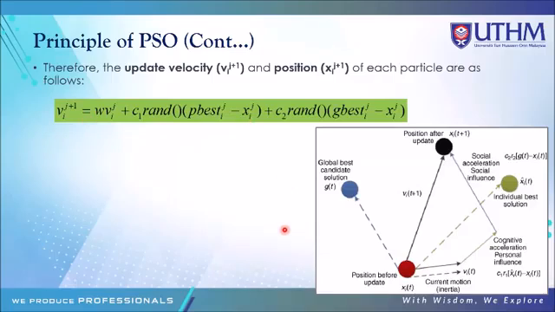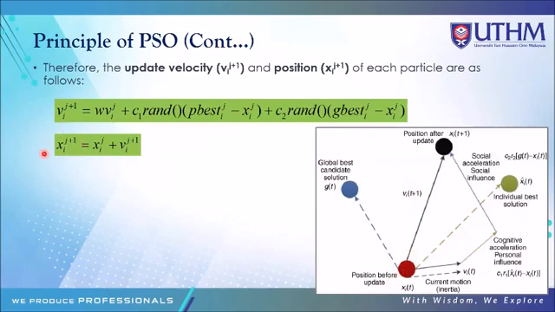This velocity is influenced by the global best candidate solution, which we call G-best, and by the personal best, which we call P-best, its own best solution. Then the current position moves to the next position using this equation.